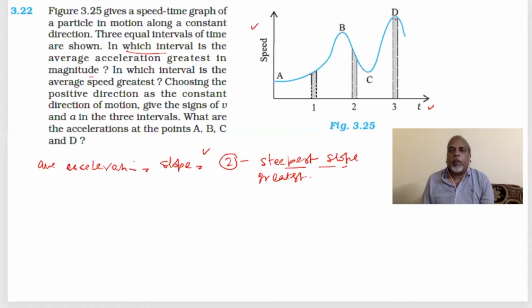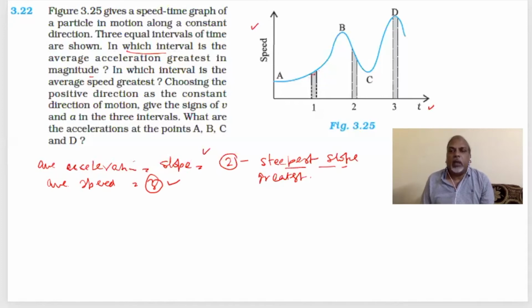So in this case, here the speed is greatest, so the average will also be greatest. So average speed will be greatest in time interval 3. Choosing the positive direction as the constant direction of motion, give the signs of v and a in the 3 intervals.